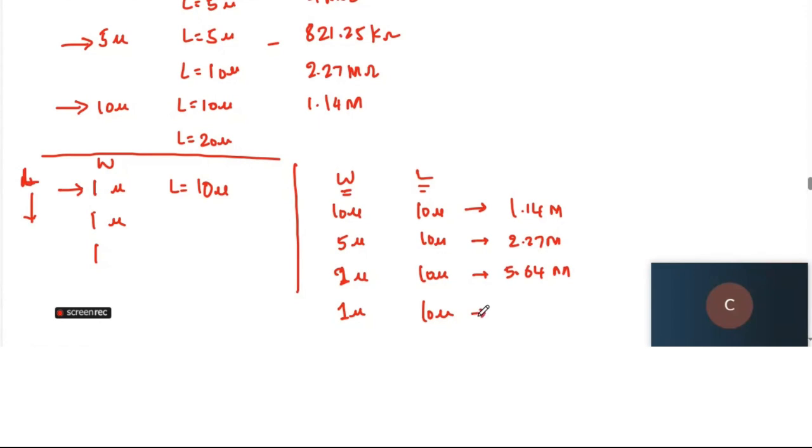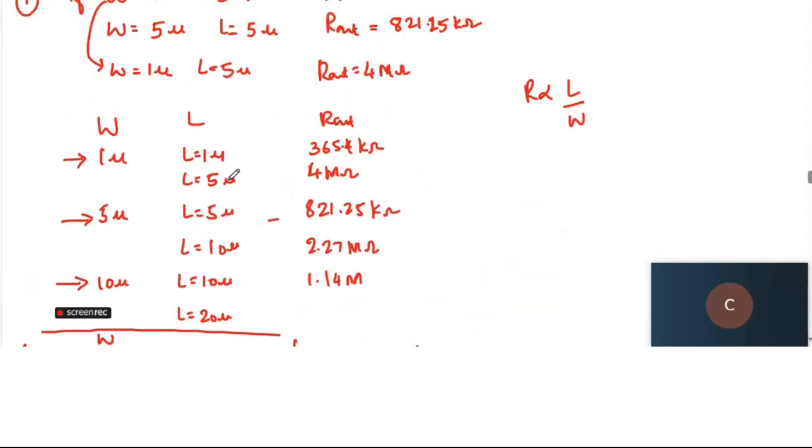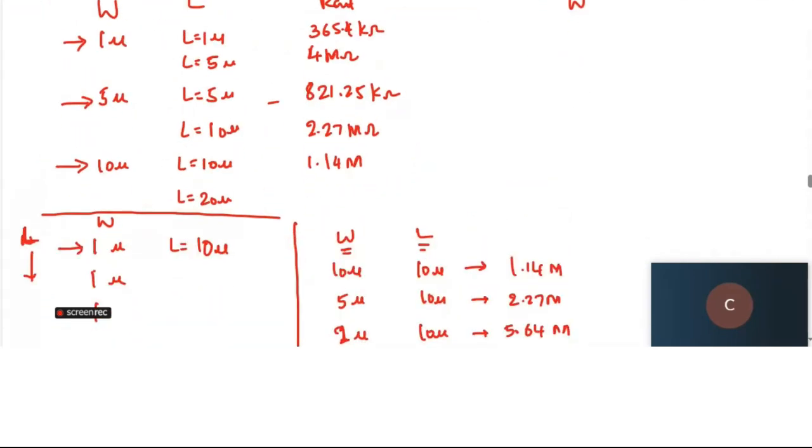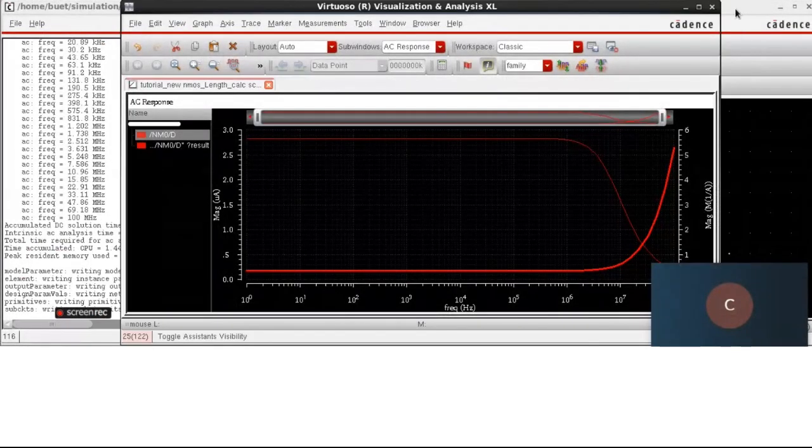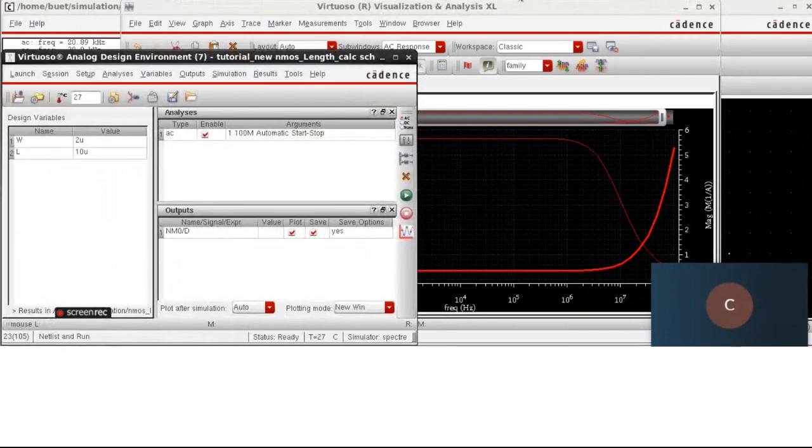Okay. Then we'll keep L as 10 and W as 1. I think this is being done. Not yet. Let's do that. L 10 and W as 1.